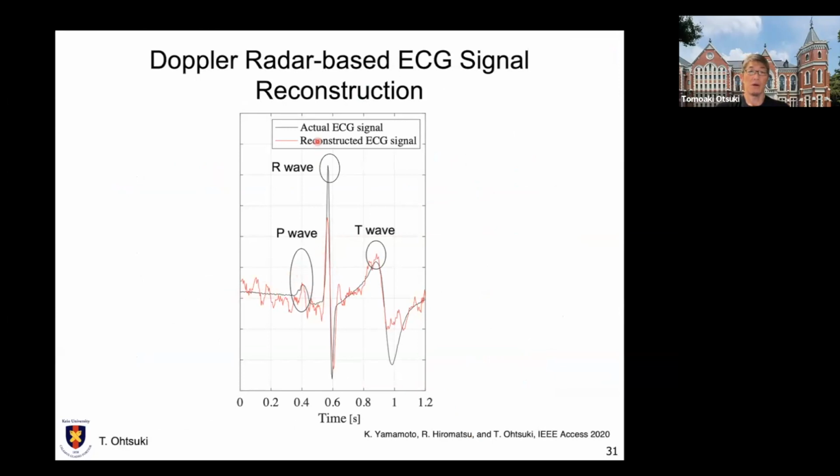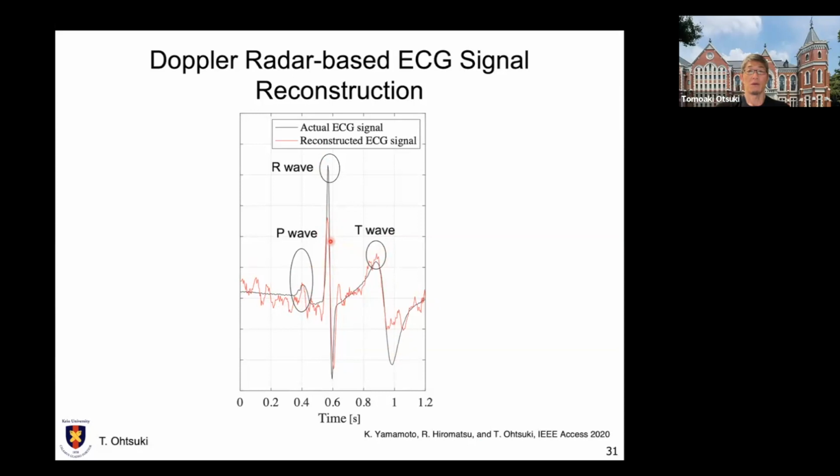The black one is the ground truth, so you can see the several peaks, and the red one is the reconstructed ECG signal by our method. You can see that although some peaks still remain, some important peaks can be recovered, so reconstructed.